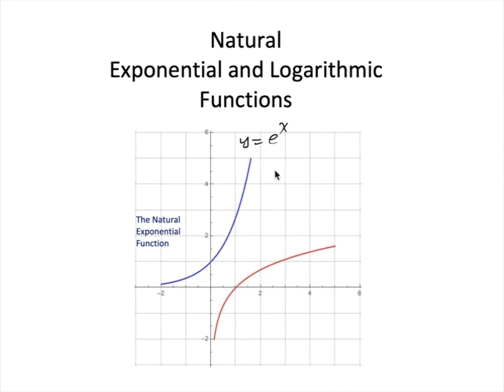That means that it is not an algebraic number. We cannot solve an algebraic equation to have e as an answer. So e is not a rational number, is not an algebraic number, and it's called a transcendental number. Any number that's not algebraic is called transcendental.